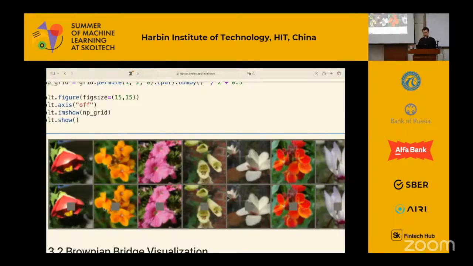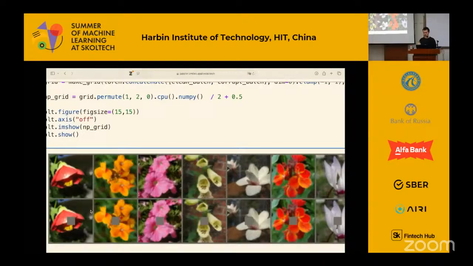For our case, the upper row is the red distribution, the target distribution that we want to go to, and the bottom row is the start distribution that we start from, aka this blue Gaussian distribution.